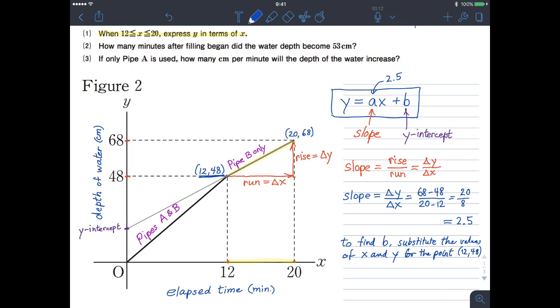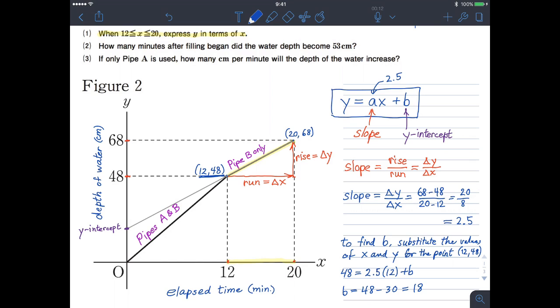When we do that, we have 48 equals a, which in this case is 2.5, times x, which is 12, plus b. We can then rewrite it as b equals 48 minus 30, which equals 18.